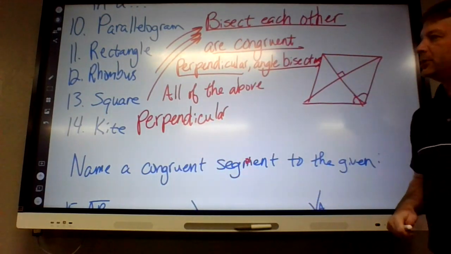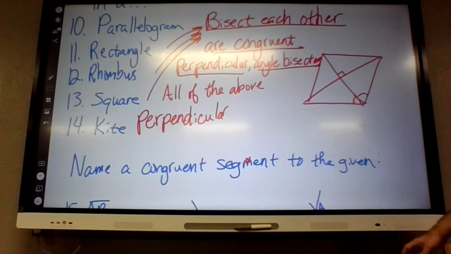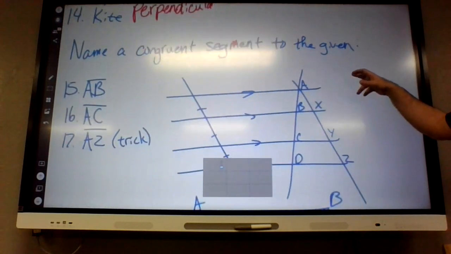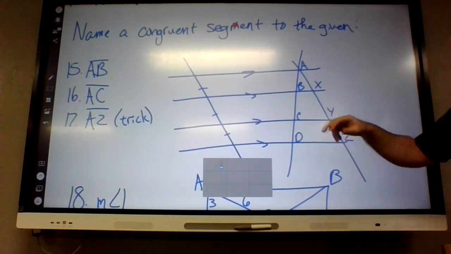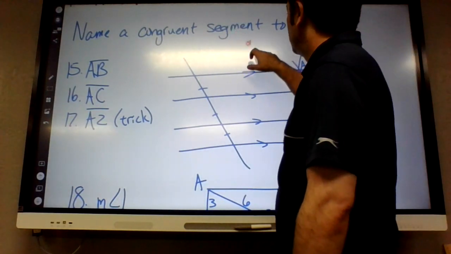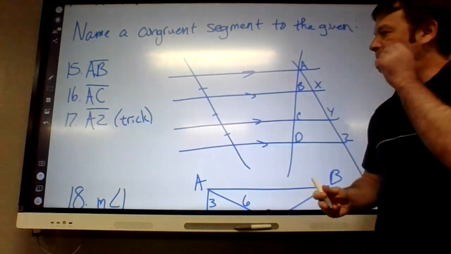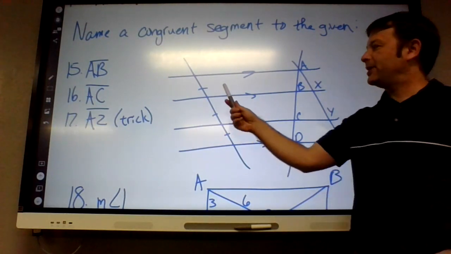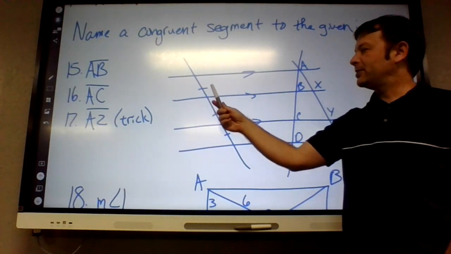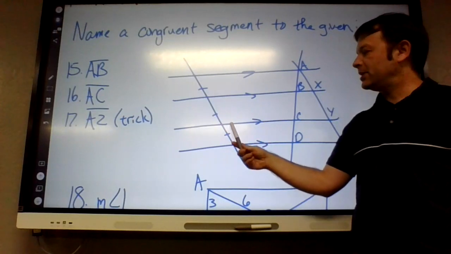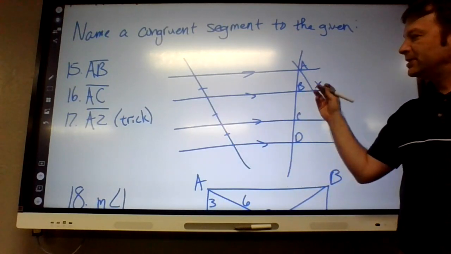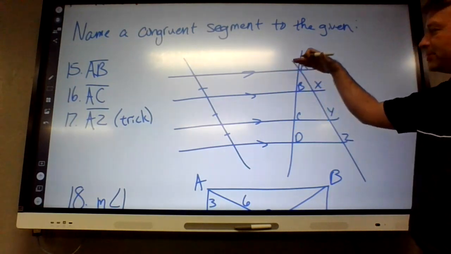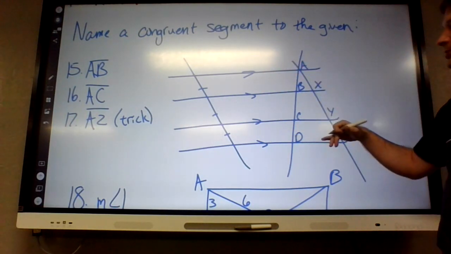All right, are we good on that section? Probably. I mean, are we done? Name a congruent segment. All right, so this was the idea, we talked about this, but if the parallel lines are cutting a line into congruent segments, that means they're equidistant apart, so they should cut every line into equal segments.